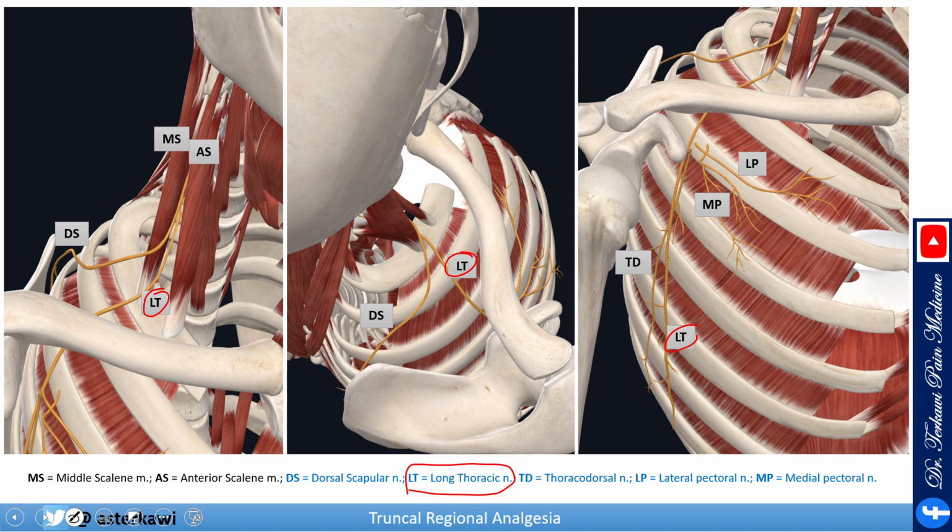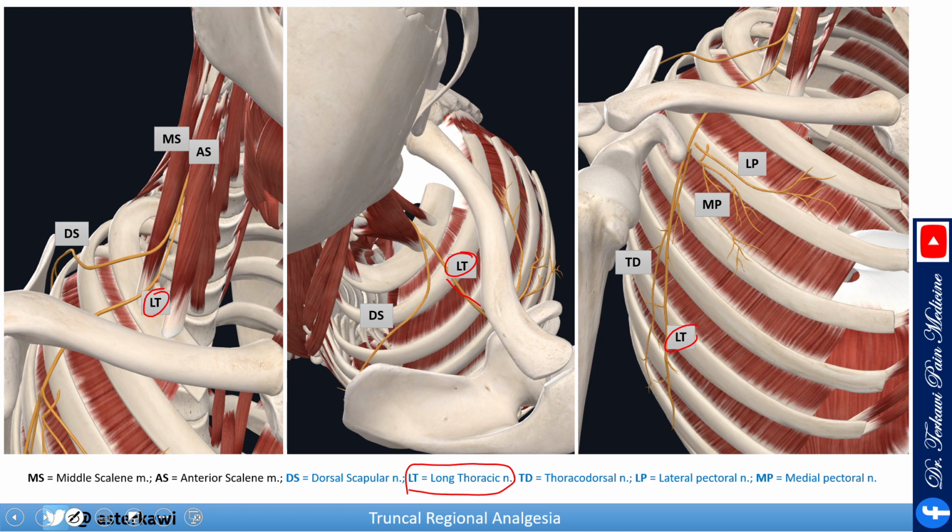As it courses, it descends posterior to the C8 and T1 rami and passes distal and external to the surface of the serratus anterior. As you see, it goes lateral, in the lateral wall, and if you remember, it innervates the serratus anterior muscle.